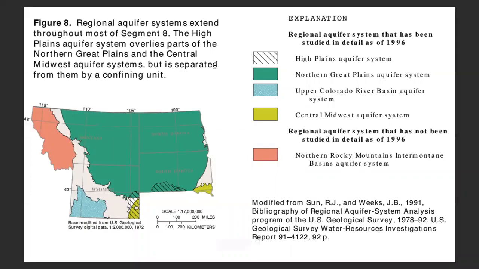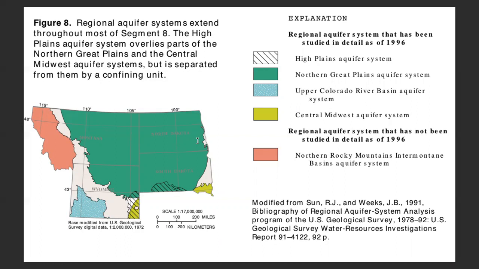So we can zoom in or define this a little more, and we can look at the kinds of aquifer systems, or the major aquifer systems, that are in Montana. In Western Montana, we're in the Northern Rocky Mountain Intermontane basins. So these are these basin and range systems.